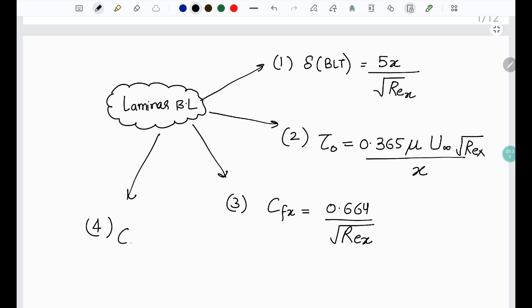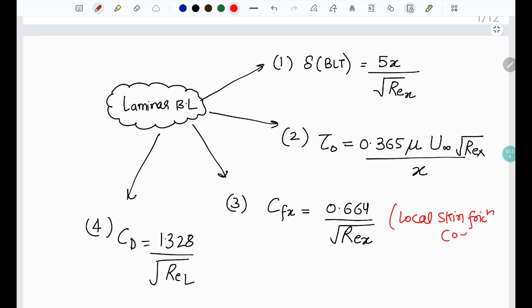It is given by CD as 1.328, which is twice of it, divided by root ReL, where x is put equal to L. So it is the average drag coefficient. This is the local skin friction coefficient. This is the average coefficient of drag. This is your wall shear stress. All these values come for the laminar flow.